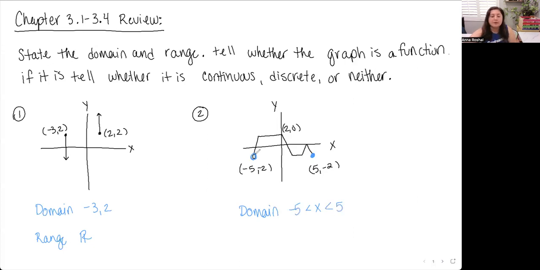And I know that it won't be or equal to here because it's an open circle, and we know that open circles always have just less than or greater than symbols. And this is a closed circle, so this will be or equal to, because that is an actual option for my domain.